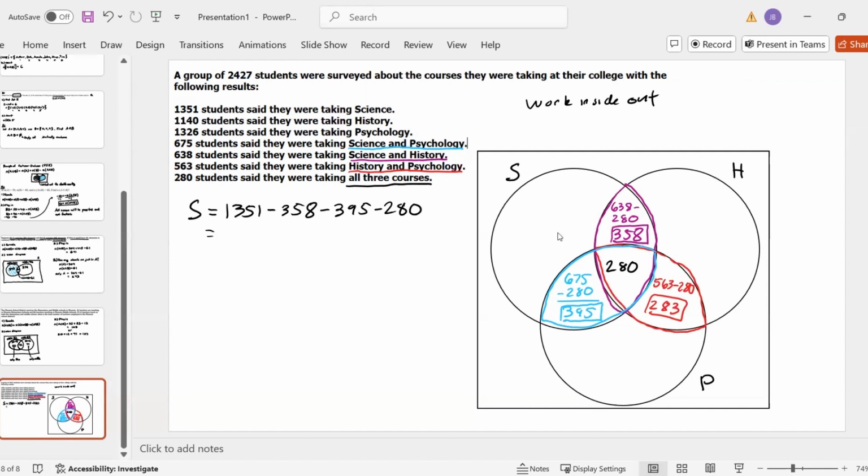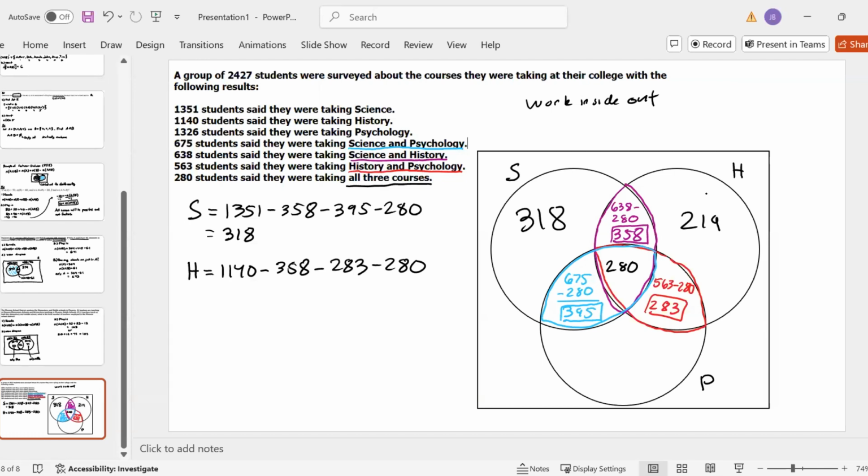And if I calculate that correctly, you're going to get 318. And then if you do history, that's going to be 1140 minus 358 minus 283 minus 280. And so if you do that correctly, you're going to get 219.